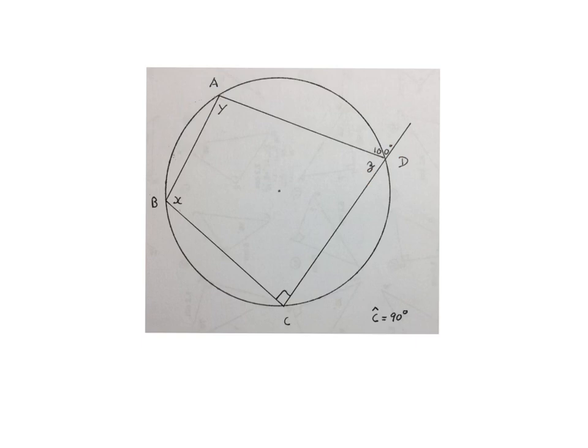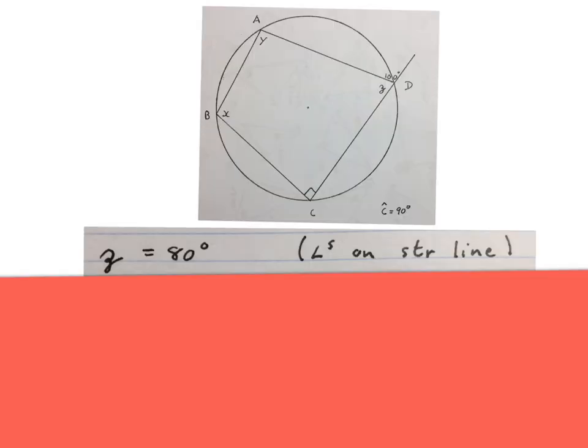In this problem, they ask us to work out the values of X, Y, and Z. They tell us that that angle is 90 degrees, and they give us 100 degrees as the exterior angle over there. One possible way of answering it is, you can say angle Z is 80 degrees, angles on a straight line. You can see that Z and the 100 are adjacent supplementary angles on a straight line.